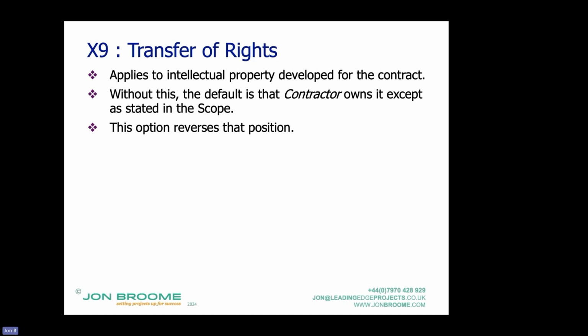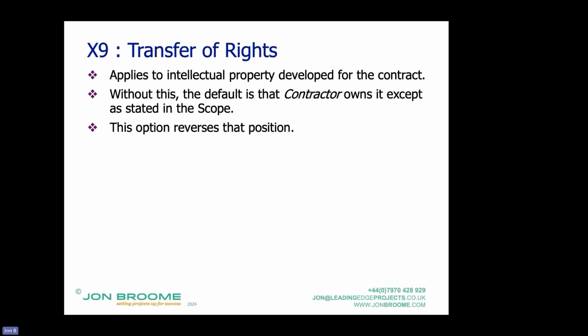So let's do an example under the professional services contract. Let's say I employ a consultant and I'm in defence, and I employ them as the MOD to develop some weapons system which will blow up and kill lots of people. I don't want to pay the consultant to develop that, and then they go, oh, we'll go and sell it to Russia, or commercialize it, whatever.